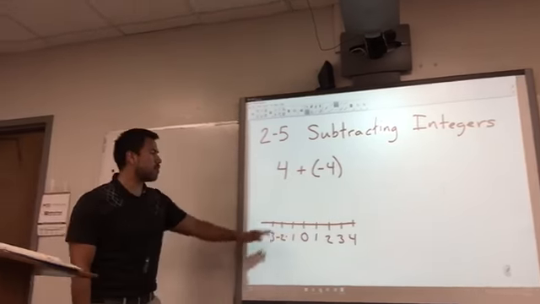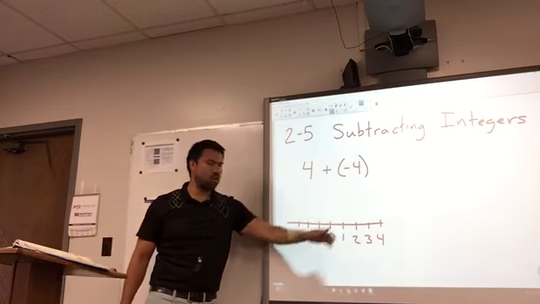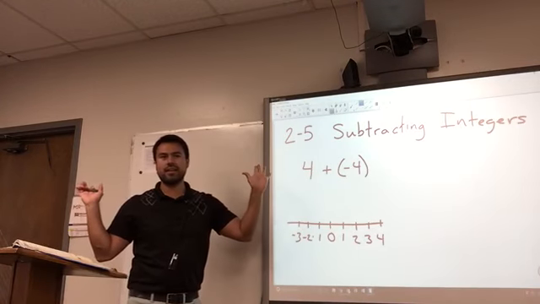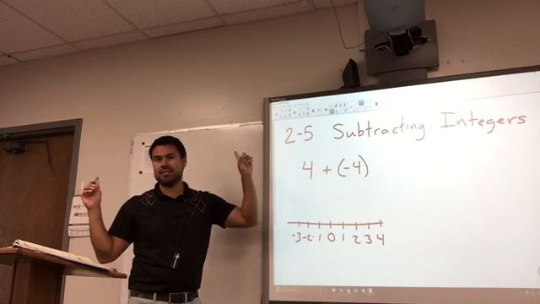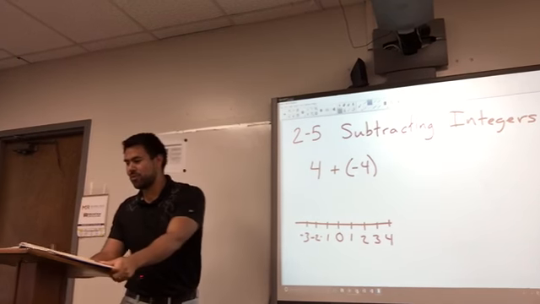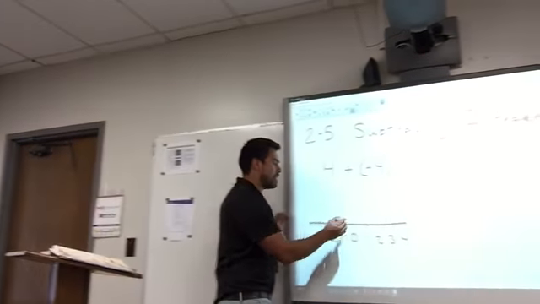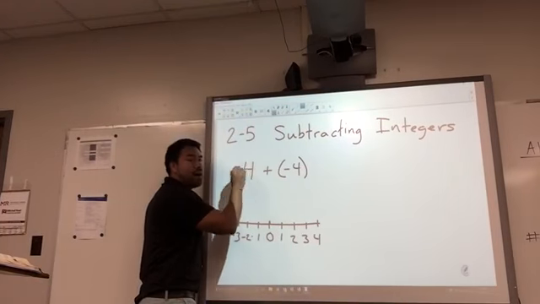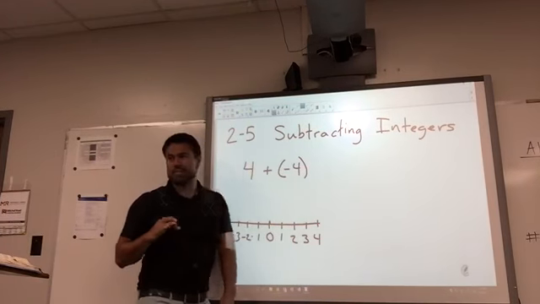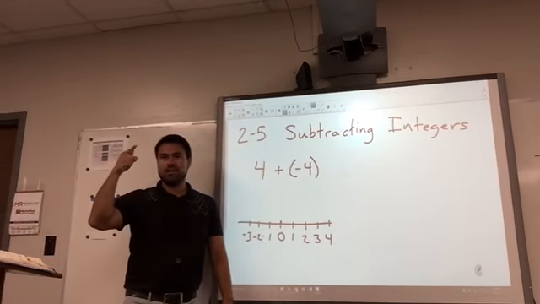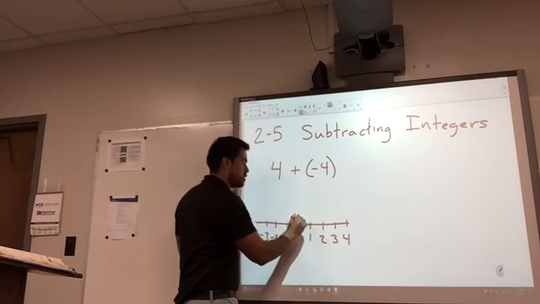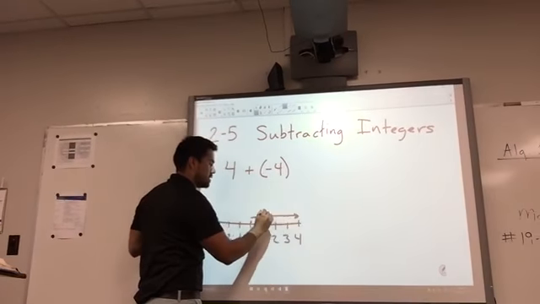Okay, so you guys remember when we have 4 plus negative 4, where do we always start these problems? At 0. Yes, at 0. So here, I'm at 0, and I have a positive 4, so I go to the right 4 spots, or 4 units.